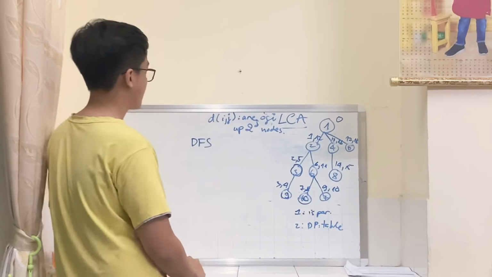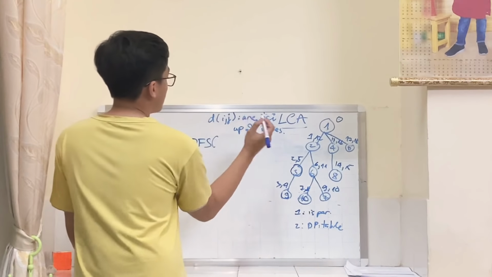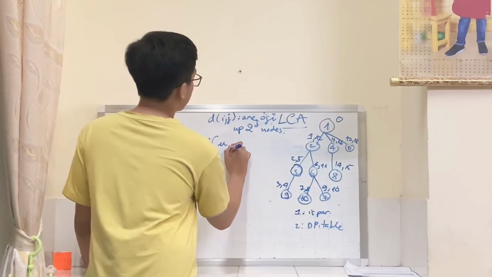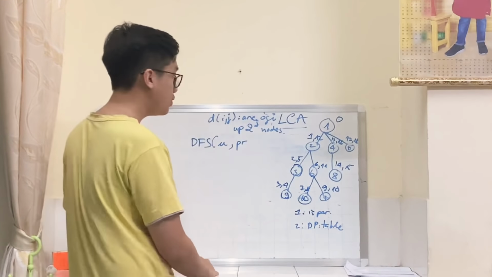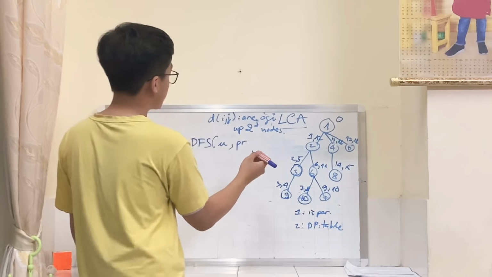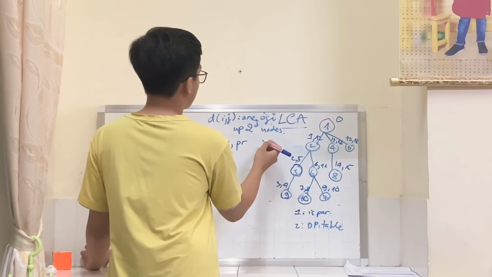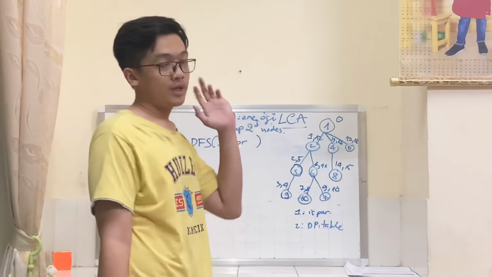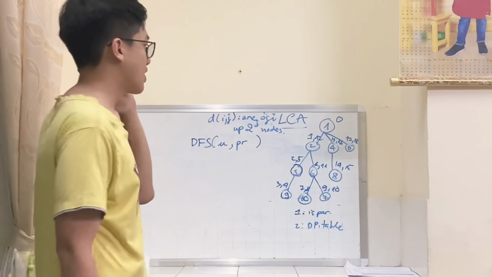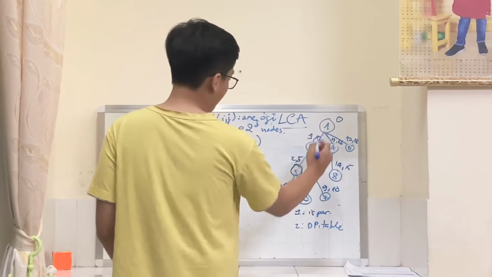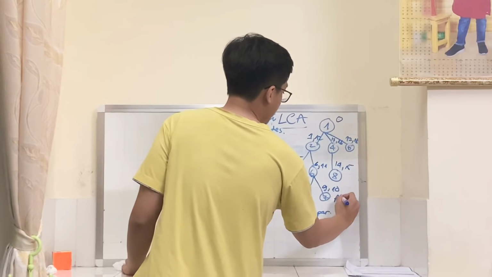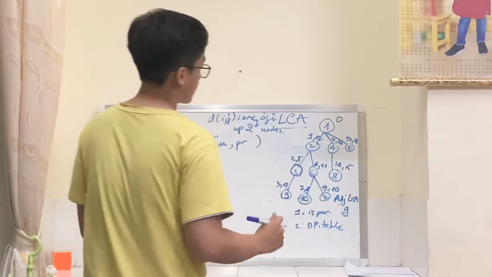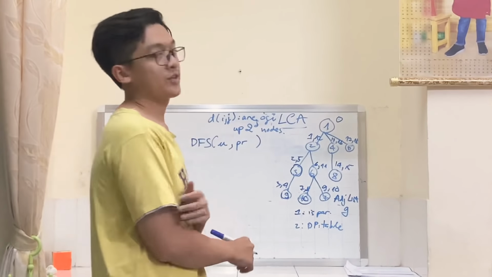So you write the DFS with the U node and the parent of U as input. You're given a tree with an adjacency list G, with 1 as the root of the tree.